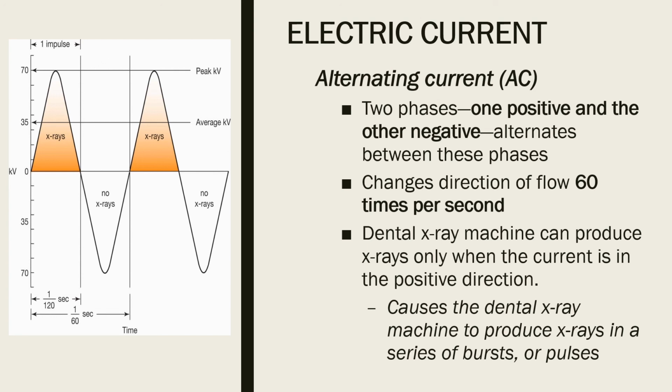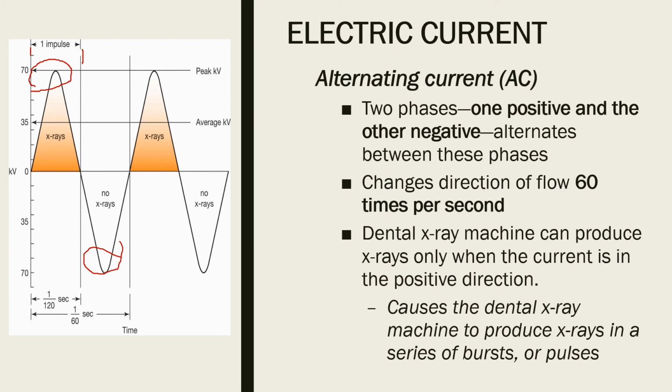It has two phases. We have positive, so this is an impulse. So from here to there is one impulse. So we have positive, and then we have negative. It is called alternating because it changes from positive to negative back to positive. Dental X-ray machines using alternating current are programmed to only produce X-rays when the current is flowing in the appropriate positive-negative direction, resulting in bursts or impulses of X-ray output.